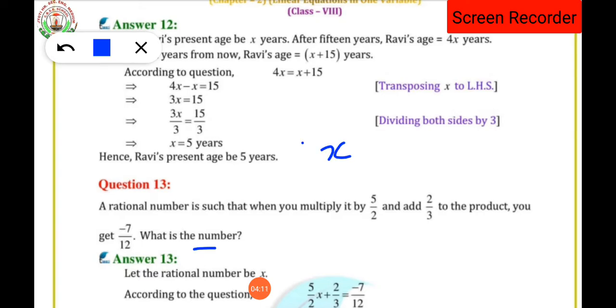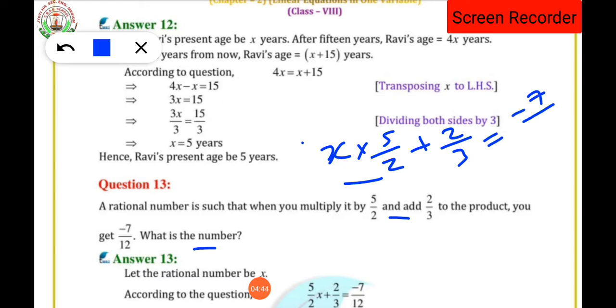According to the question, the number x will be multiplied by 5 by 2, and then 2 by 3 is added to the product. You get minus 7 upon 12. So what is the number?